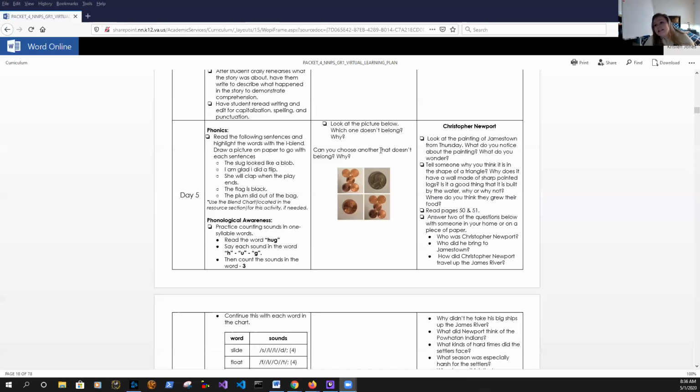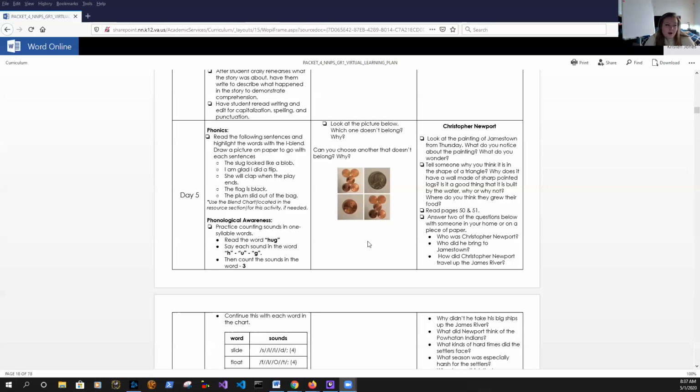I would suggest that you look at the coins. I would suggest that you count the coins, see how much money is in each box. So you're going to look at the picture, figure out which one doesn't belong with the rest of the group, and then you're going to see if you can figure out in a different way another one that doesn't belong.